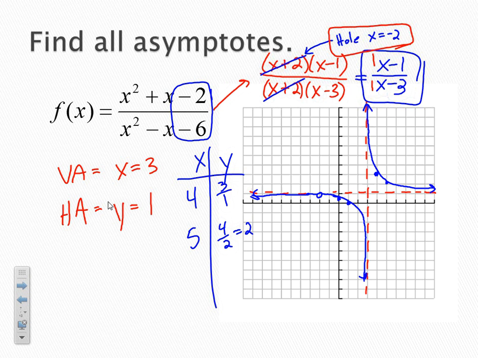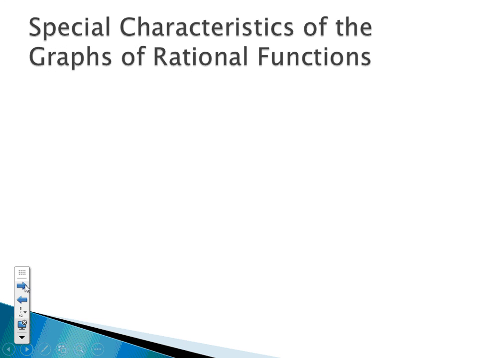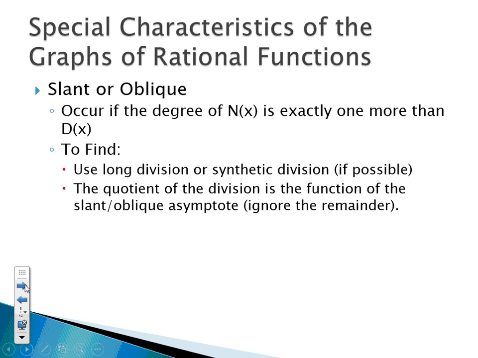All right? So the last type of example we need to go through is the idea of a slant asymptote. Okay? Now, slant asymptotes occur when the degree of the numerator is exactly 1 more than the degree of the denominator.